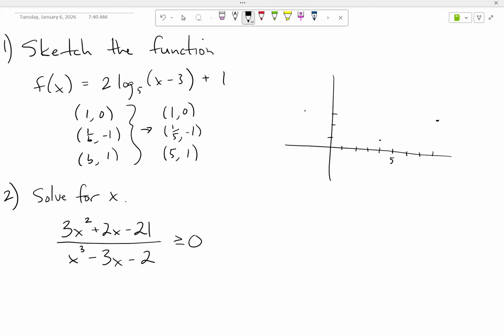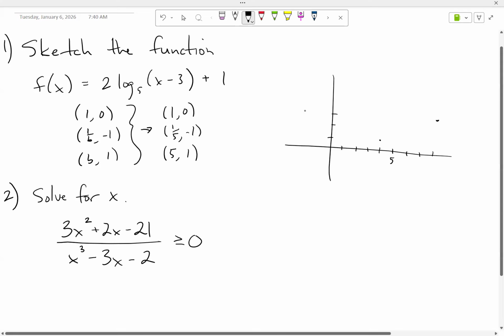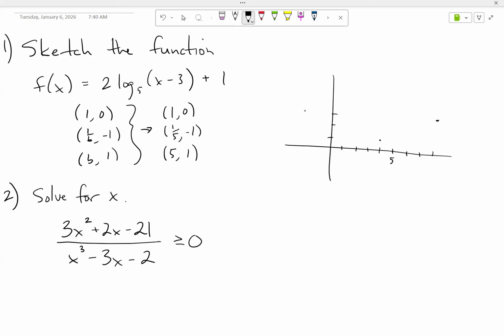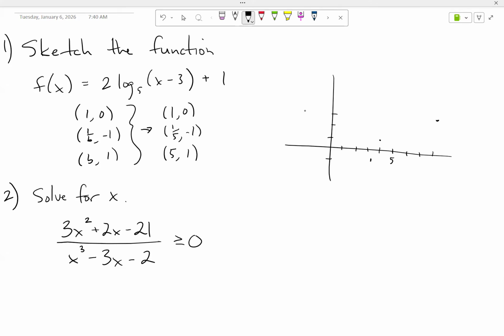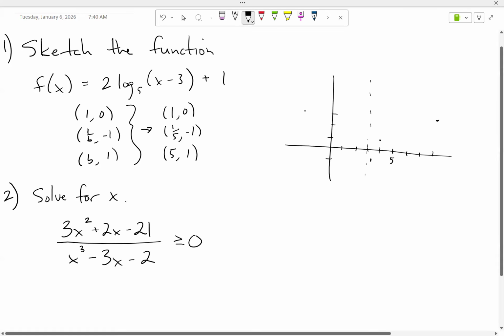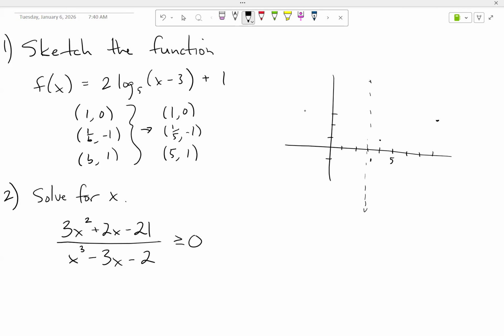Oh, 16/5, is that what you said? Yeah. Oh, okay. That makes much more sense to me. 16/5, otherwise known as 3 1/5. So 16/5, comma, -1. Do we agree? And of course, the feature I want to see is that vertical asymptote at x equals 3, just to kind of reel it in.